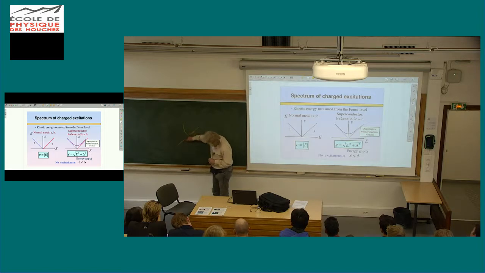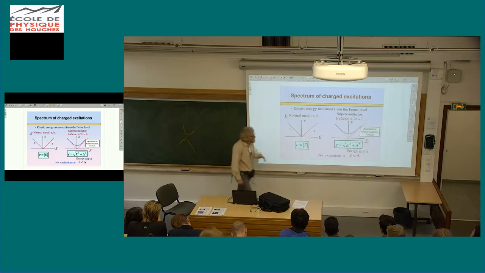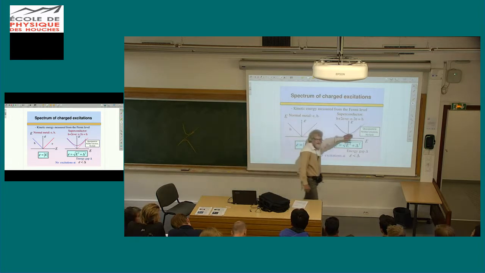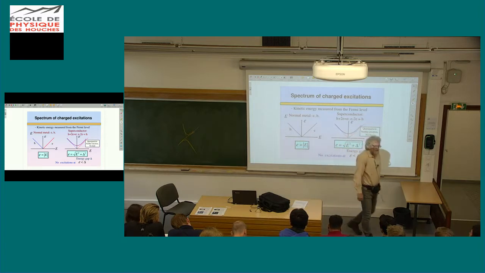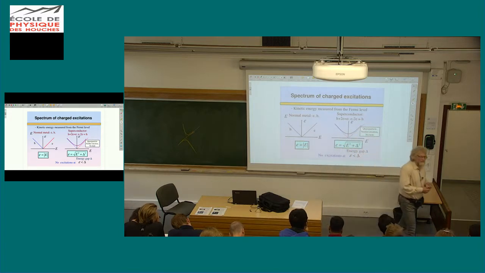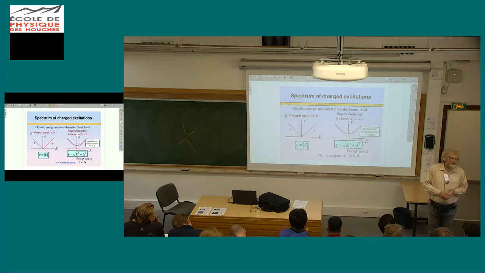It's called level repulsion. And the superconducting energy spectrum is, in fact, a manifestation of this level repulsion. So the spectrum is, in fact, gapped. It has a finite energy gap, delta.